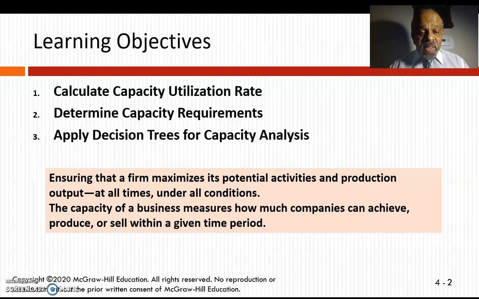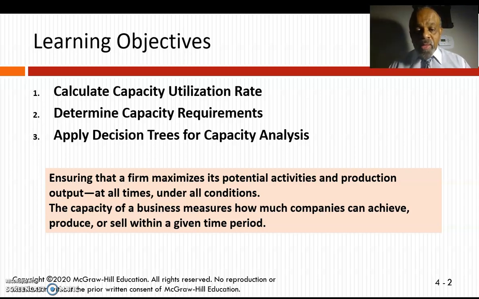So the capacity of a business measures how much a company can achieve, produce, or sell within a given time period. So if there is a demand, let's say for Ford, that for a particular month they need to produce 1,000 Ford cars, the capacity of Ford should be such that they are able to produce 1,000 cars.